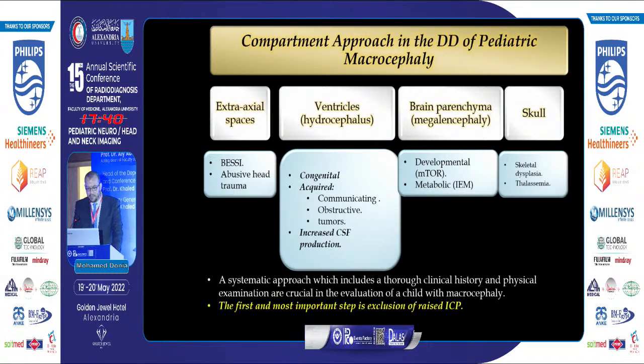A systematic approach, which includes a thorough clinical history and physical examination, is crucial in the evaluation of a child with macrocephaly. The first and the most important step is exclusion of raised intracranial pressure.